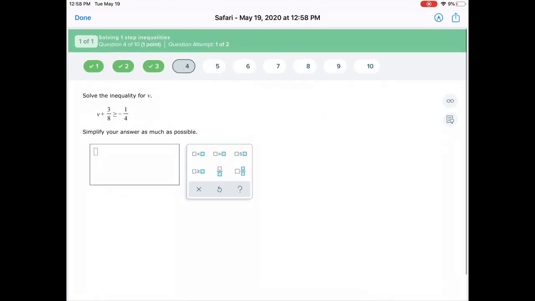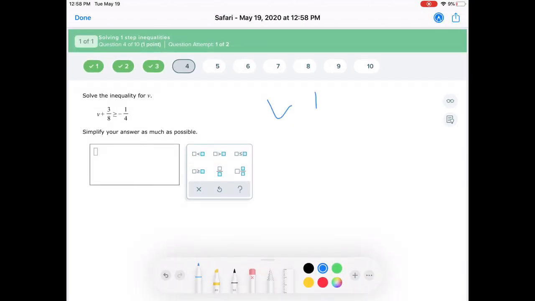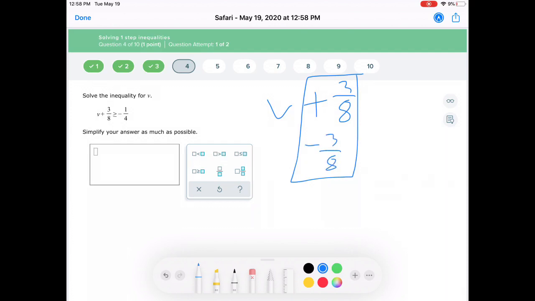So I have v plus 3/8, and before I write this down, I automatically know that to get rid of this 3/8, to undo addition, I would subtract 3/8. And this doesn't work unless I subtract 3/8 from both sides. So I would subtract 3/8 from the other side as well.